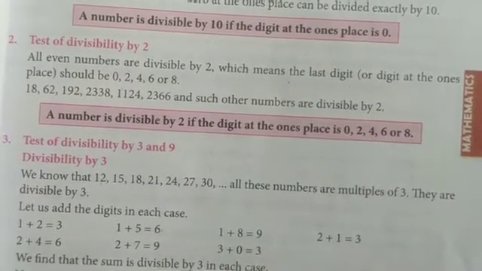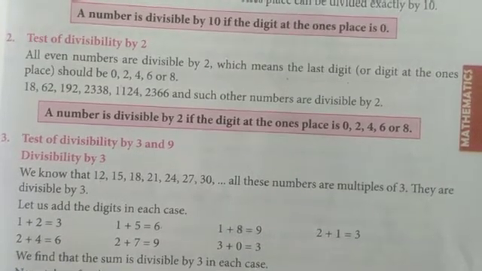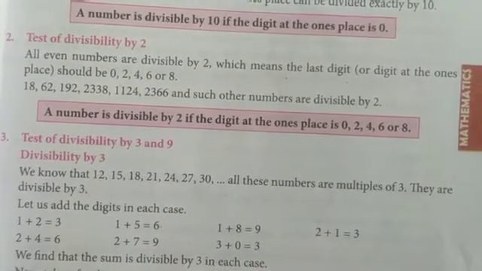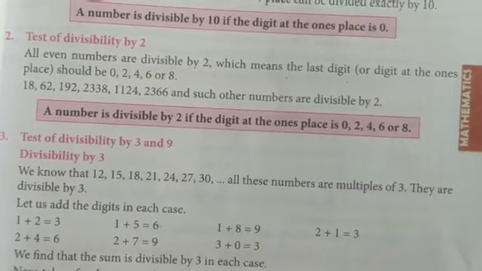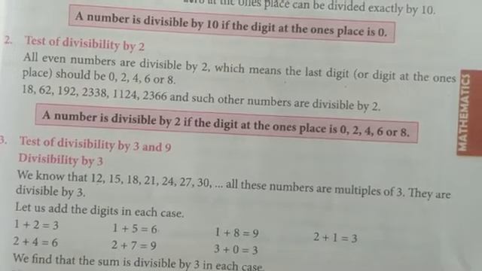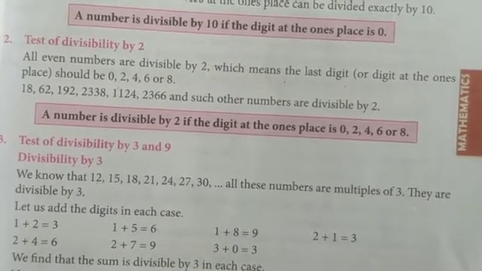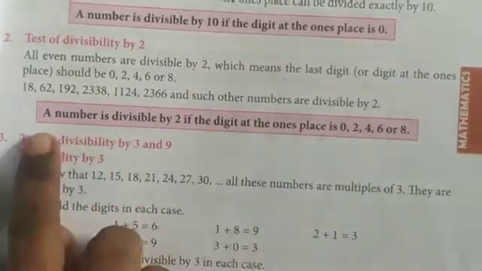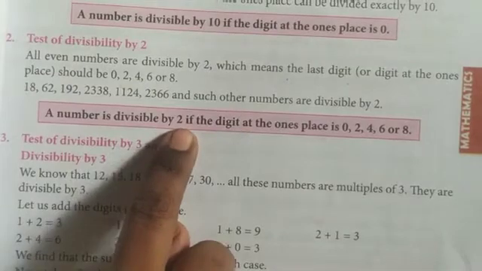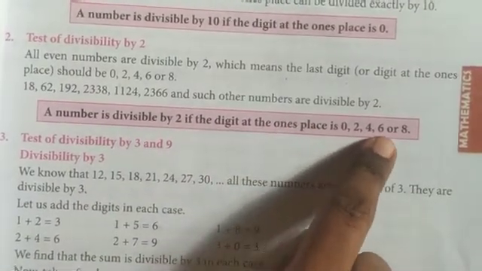So all the even numbers are divisible by 2. So at the last digit, that means in the ones place, you have to see whether there is 0, 2, 4, 6 or 8. If one of these 5 digits is there, you will directly write that yes, the number is divisible by 2. See here they have given: a number is divisible by 2 if the digit at the ones place is 0, 2, 4, 6 or 8.